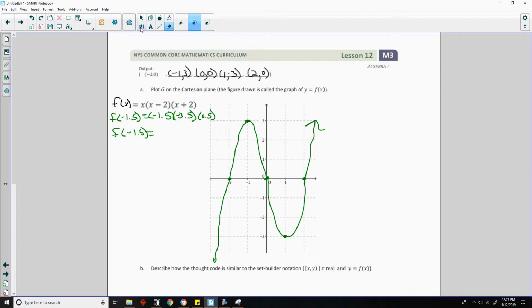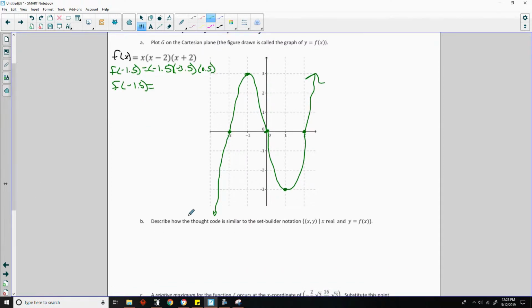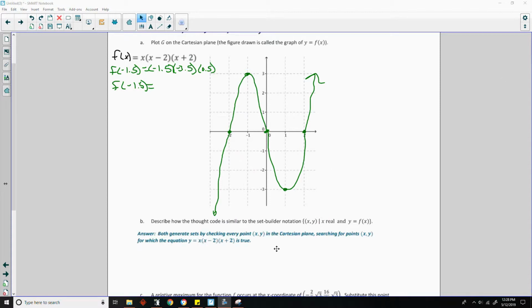Let's just get that out there. Okay. B says, describe how the graph is similar to the set builder notation, the set of all x, y, such that x is real and y equals f of x. Okay, so the answer is both generate sets by checking every point x comma y in the Cartesian plane, searching for points x comma y for which the equation y equals x times x minus 2 times x plus 2 is true.